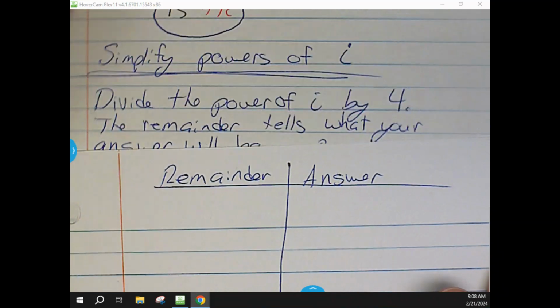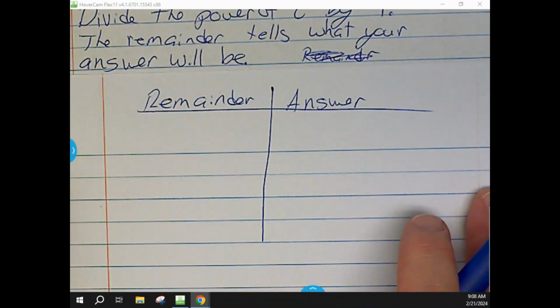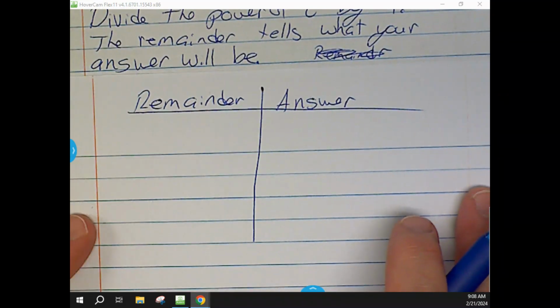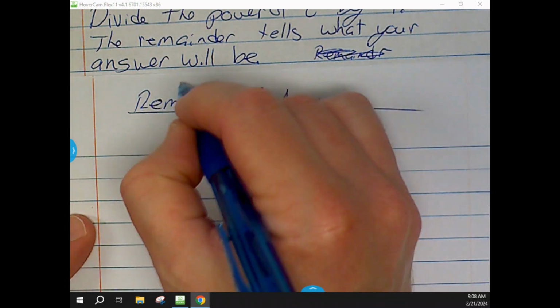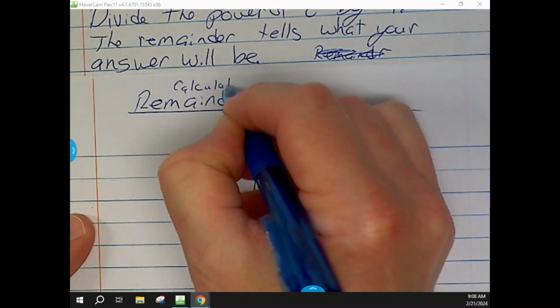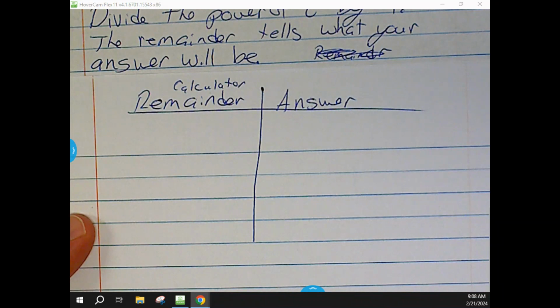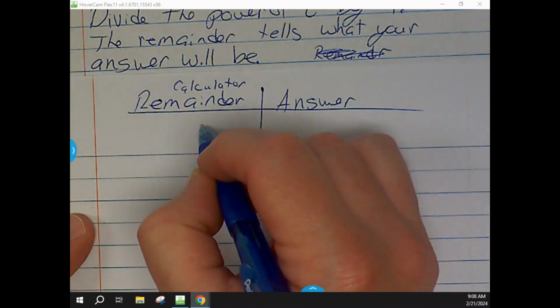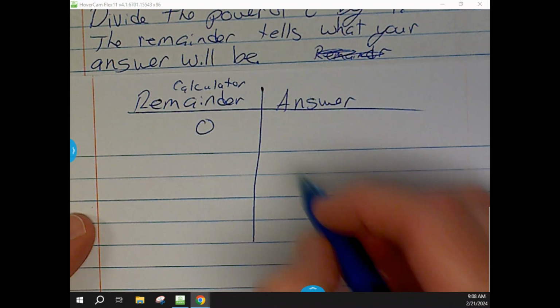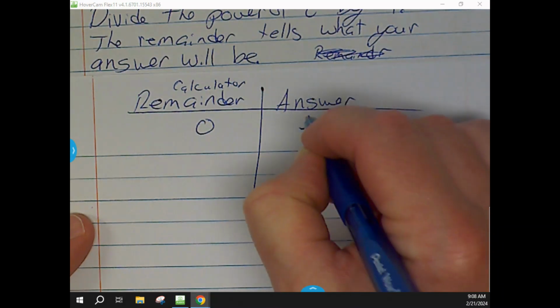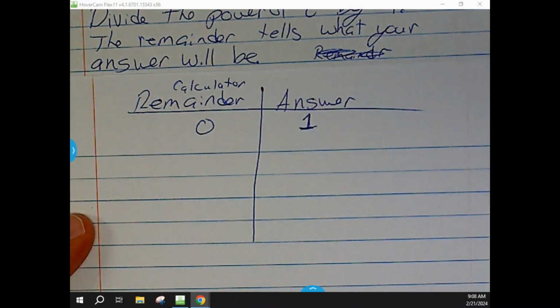Okay, so basically we're going to divide numbers by 4. And again, we're talking about the remainder with a calculator, because if you do it without a calculator, it's a different set. If your remainder is 0, or if there is no decimal, your answer is going to be 1.